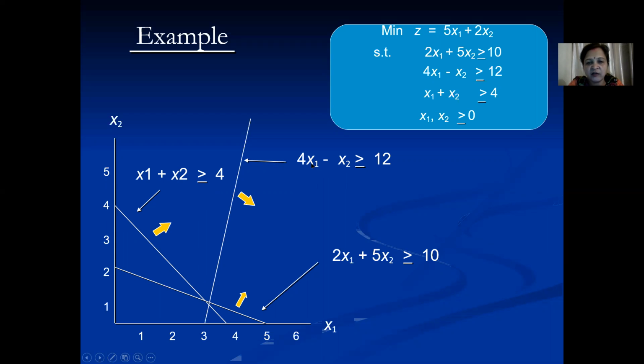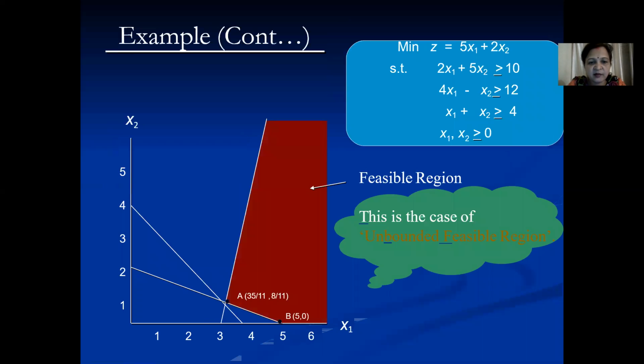In the same way, we have 4x1 minus x2 greater than or equal to 12: this is 4x1 minus x2 equal to 12, and its outer part represents the inequality. And in the same way, we have 2x1 plus 5x2 greater than or equal to 10. Now in this case, the feasible region is this one.